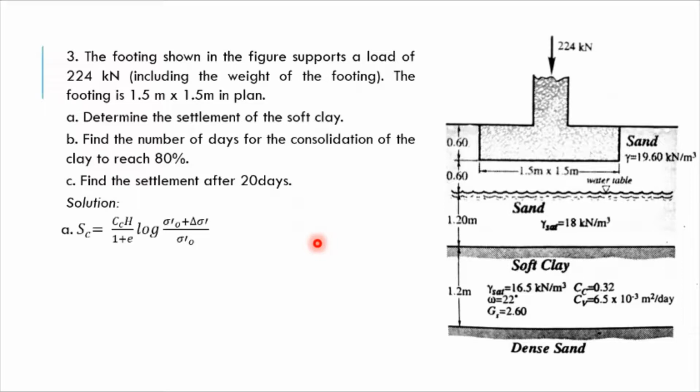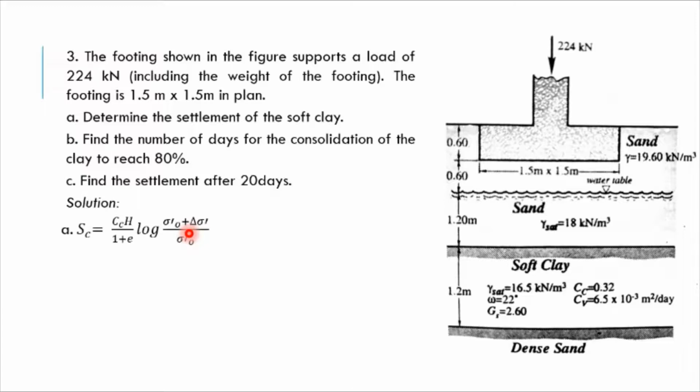In primary consolidation settlement, it's equal to C sub C times H over 1 plus e, times the logarithm of the overburden pressure plus the change in the effective stress, over the overburden pressure. So why do we need to use this formula? It's not mentioned that it's over consolidated, so automatically, it's normally consolidated clay.